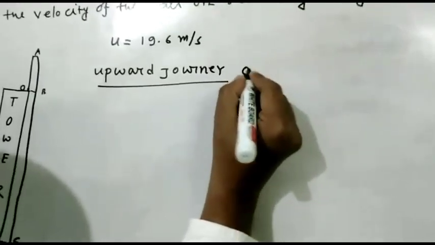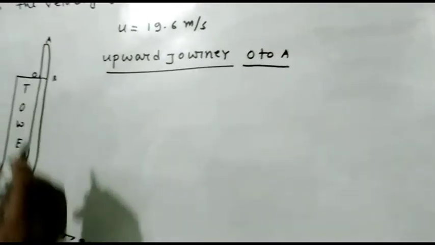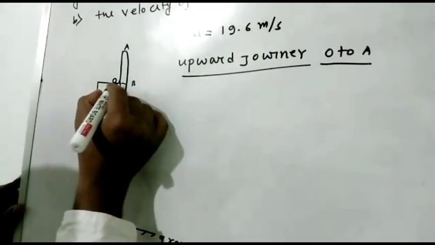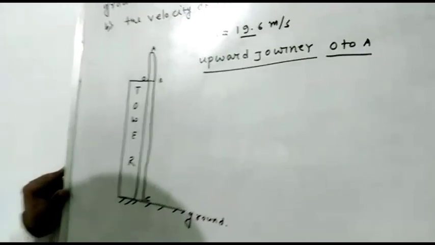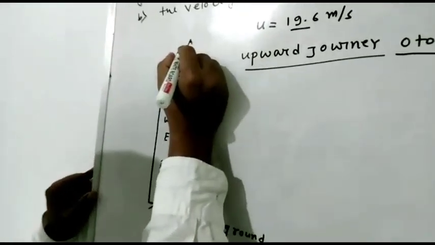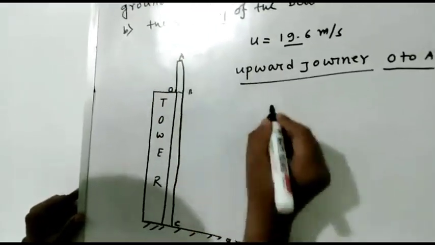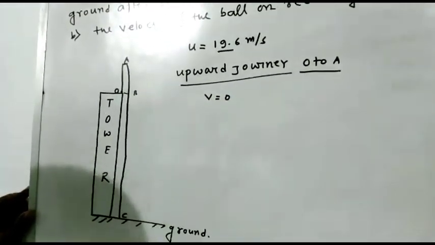Upward journey means O to A. For O to A, from the point O the particle is projected with a velocity 19.6 meter per second. When the particle reaches the point A, the highest point, the final velocity v equals 0.